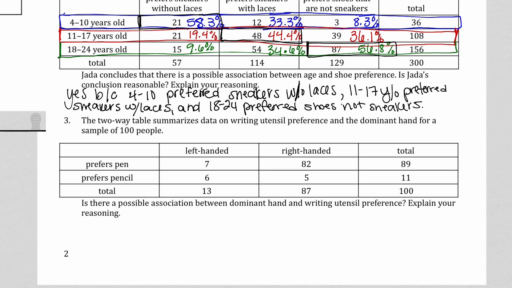So if we look down the columns for this one, we look at our dominant hands, so left-handed and right-handed. About what percentage of left-handed people preferred pen?